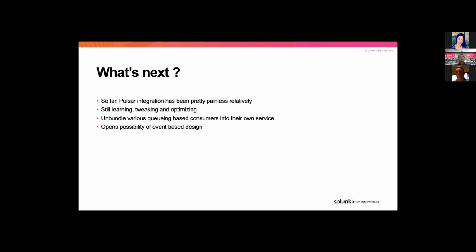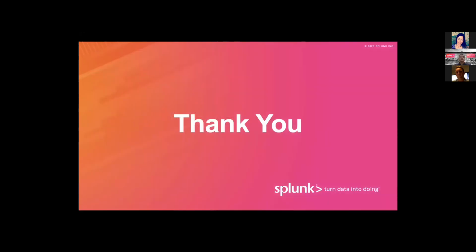Finally, using Pulsar also opens up the possibility of an event-based architecture that we are looking into as we evolve the product. And I guess that's pretty much what I had.